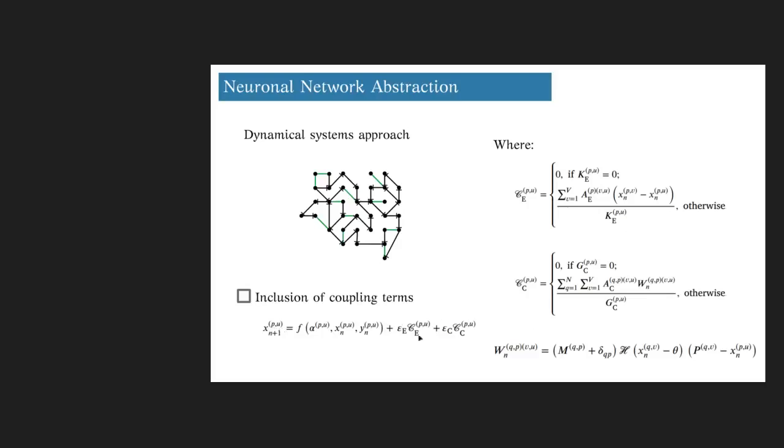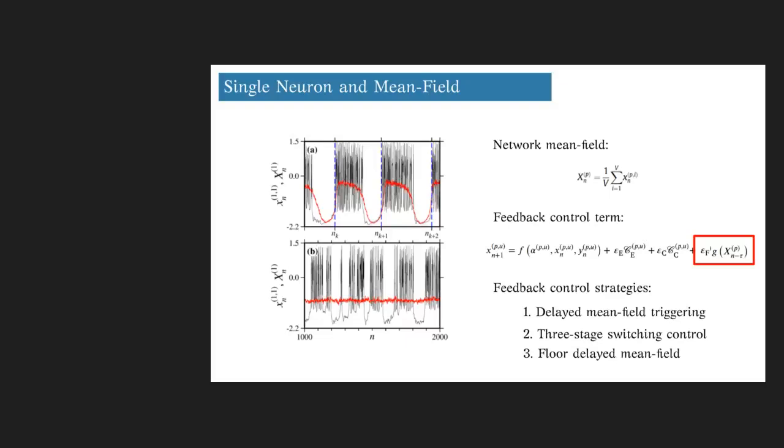Once the connection is established, we obtain our network, in this case a cluster of networks, and each subnetwork in this cluster represents a cortical area in the human brain. The single neuron activity, as I said, is in burst regime. You can see in black the single neuron activity, and in red the mean field.